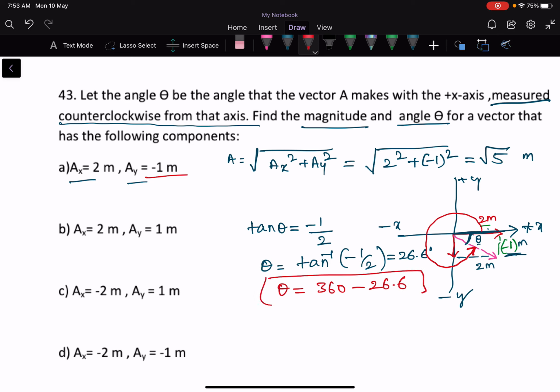In order to find the angle, you need to draw a rectangular coordinate system and identify in which quadrant that vector falls, and find the angle. After getting the angle, you need to check whether that angle is measured from the positive x-axis in the counterclockwise direction or not. Always you need to measure the angle from the positive x-axis in the counterclockwise direction. Okay, do the rest of the problems B, C, D similarly.